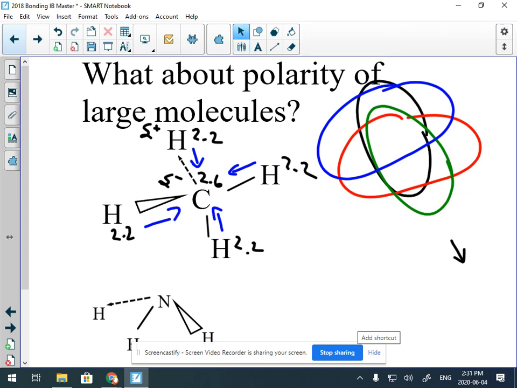Now I got a question for you. If you had four cars coming at each other in four different equal directions with equal speed and equal weight, and they all smashed into each other, would that smash move? Think of it from a physics point of view. And the answer is, in a tetrahedral, because that's equal four, right?